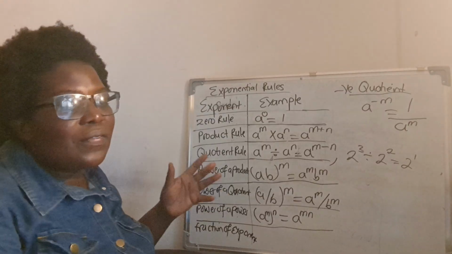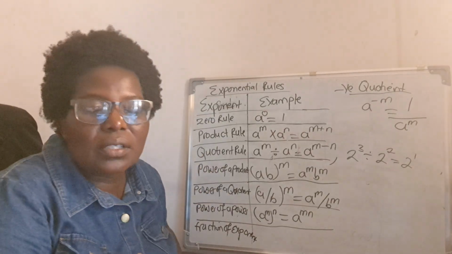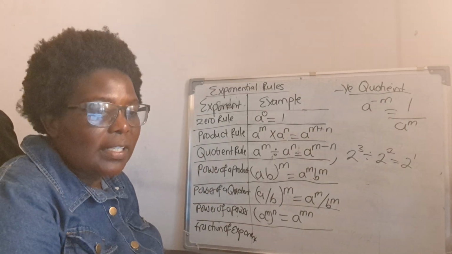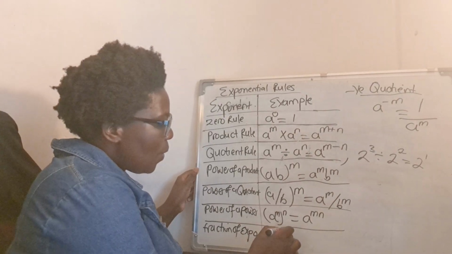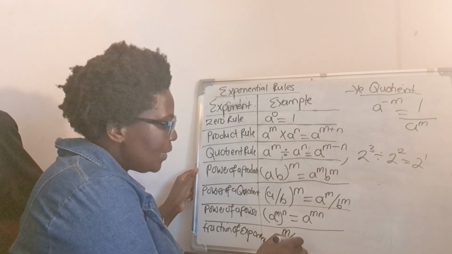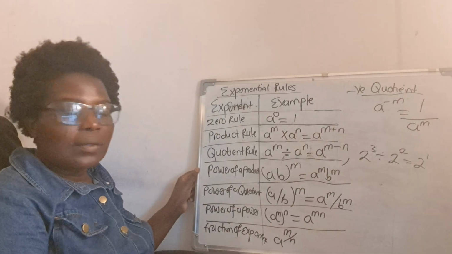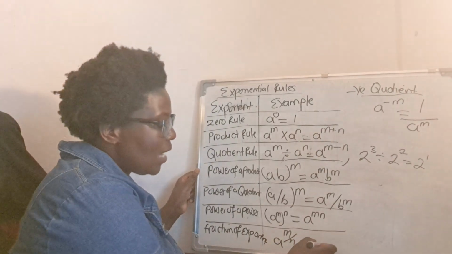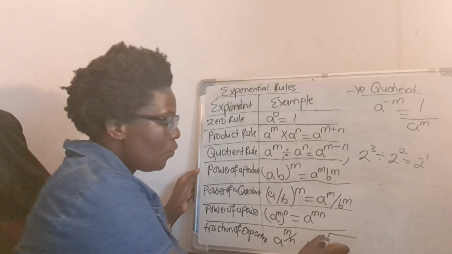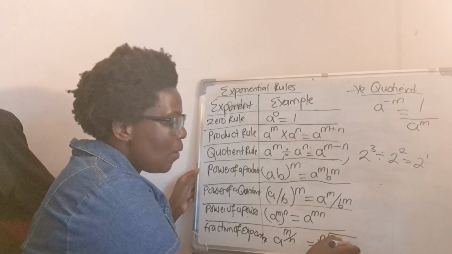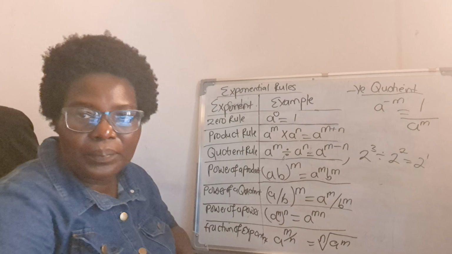Then we also have a fraction exponent. With the fraction exponent, let's assume that we have a to the power of m over n. This can be simplified as the nth root of a to the power of m.